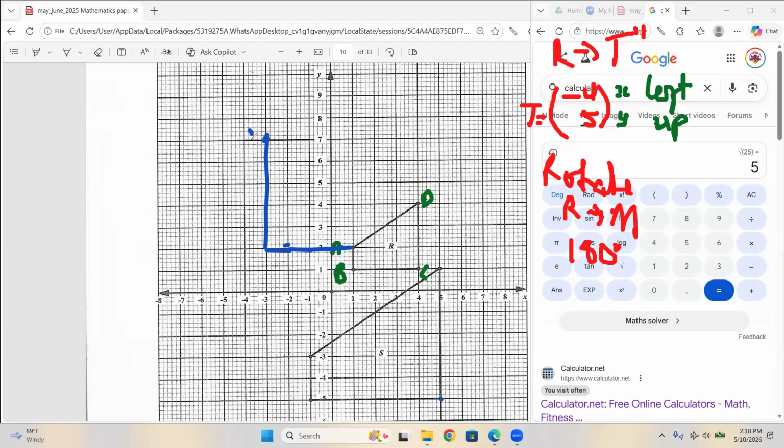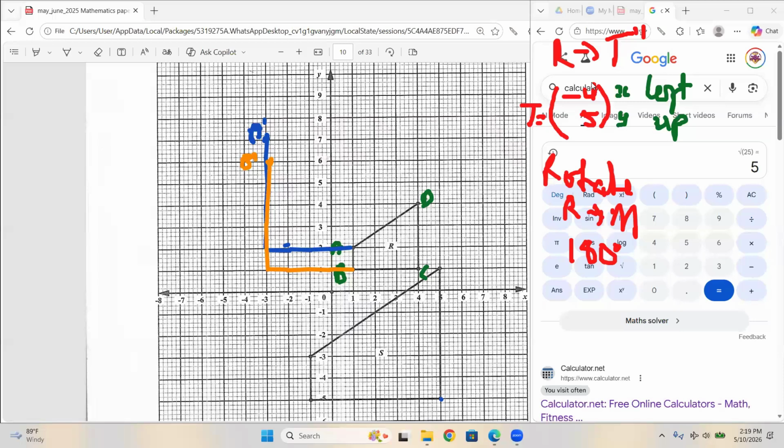Okay, so I'll just call it A prime just for now. I'll remove it because you don't have to put that. I'm just putting that for you to see what I'm doing and kind of make sense out of it. Same thing we're doing for B. We're going 4 to the left, 5 up. 1, 2, 3, 4. 5 up. 1, 2, 3, 4, 5. So we're calling that B prime.